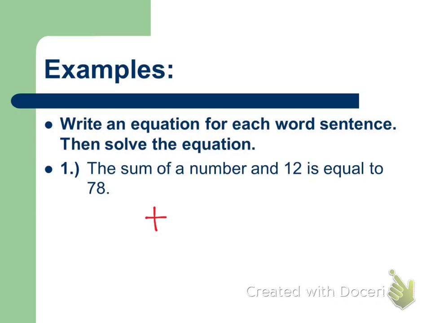Tariana, if I don't know what a number is, what could I use to represent it? N, good, a variable, so we like N, or X. So the sum of a number and 12. So on the other side of my plus sign is going to go the 12, is equal to, that's pretty straightforward, we use an equal sign.